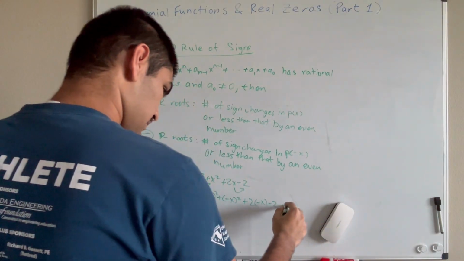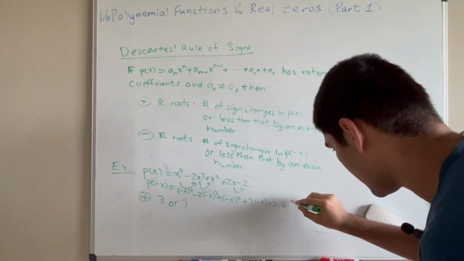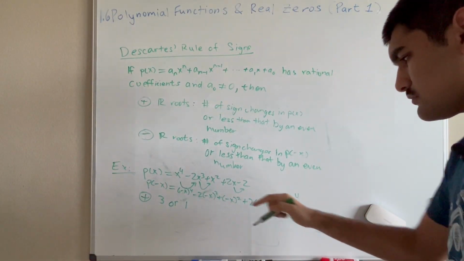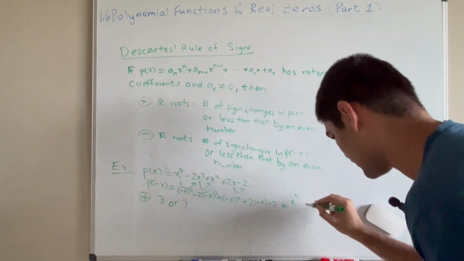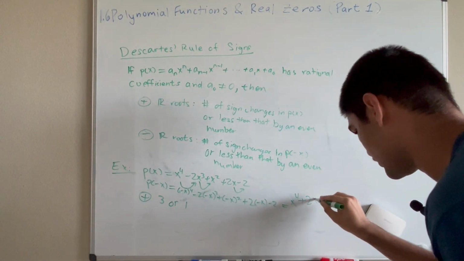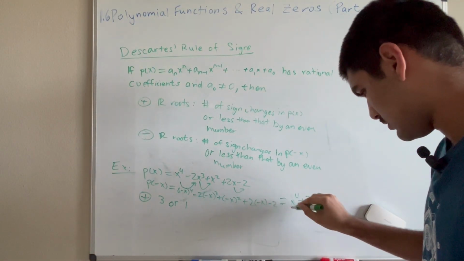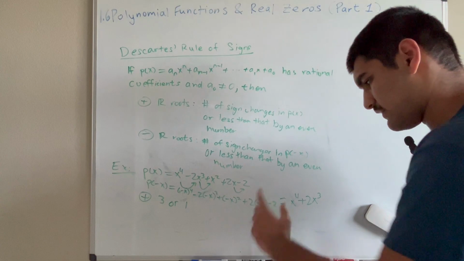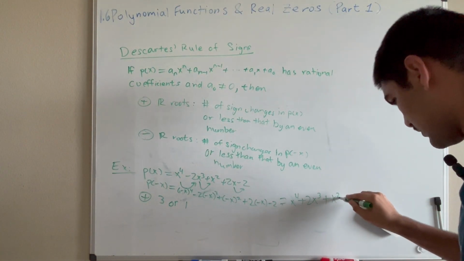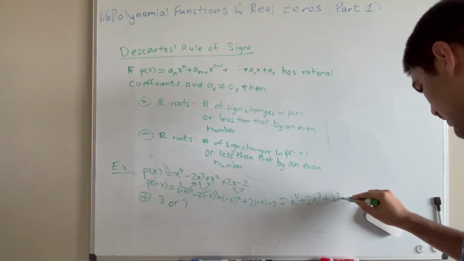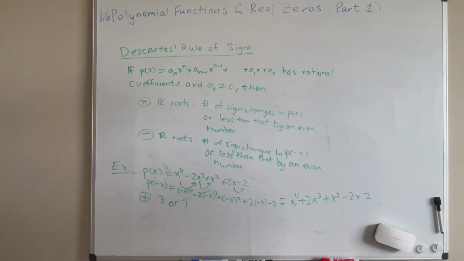And so this becomes x to the fourth, since negative x to the fourth is just x to the fourth. Negative x cubed is negative x cubed, so the negative and negative becomes positive, plus 2x cubed. And then negative x squared stays positive x squared. The 2 times negative x becomes negative 2x, and then you have minus 2. So that's p of negative x.